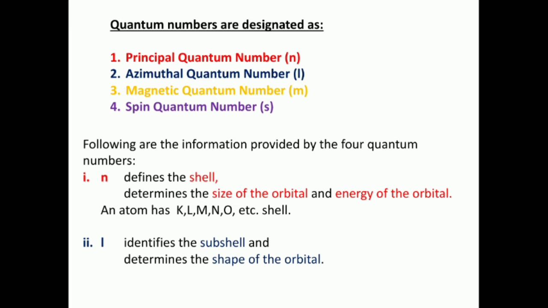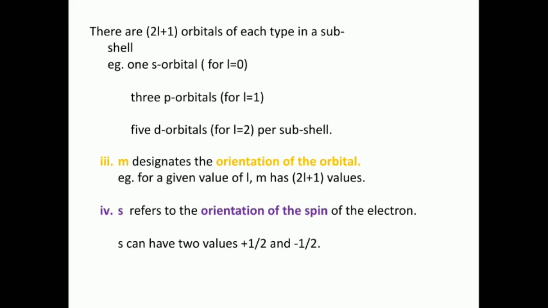For l equals 0, there will be only one s orbital, and for l equals 1, there will be 3 p orbitals, and for l equals 2, there will be 5 d orbitals.